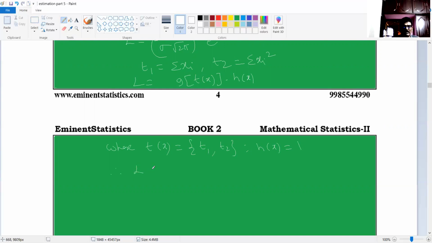The likelihood function L can be expressed as g of t(x) under parameter theta into h(x) by the factorization theorem.